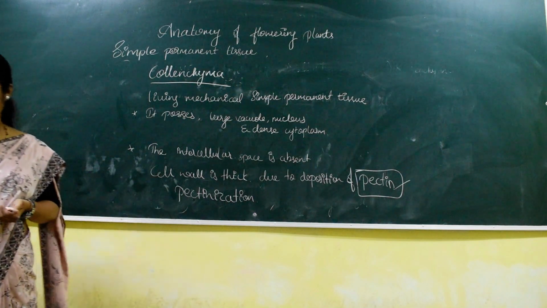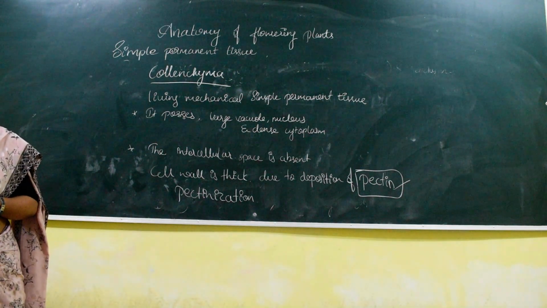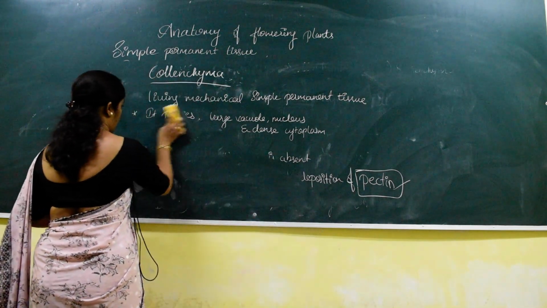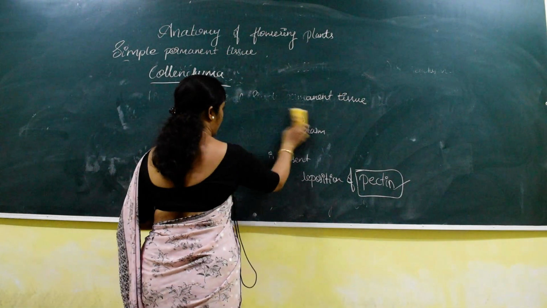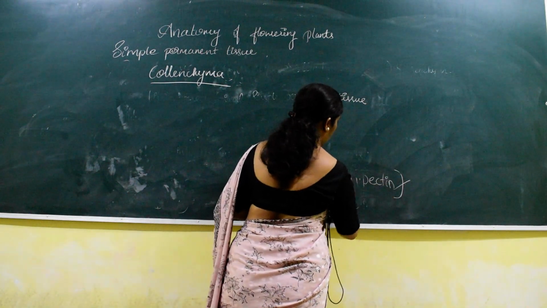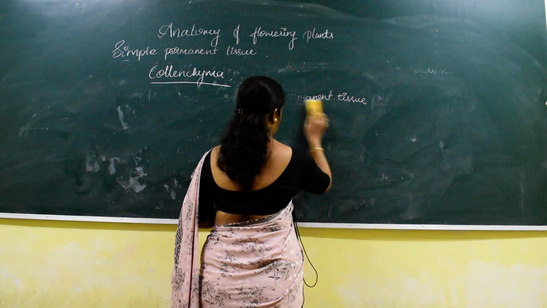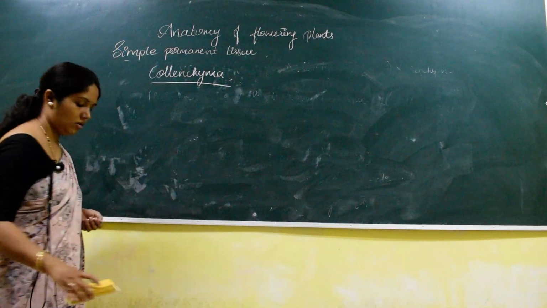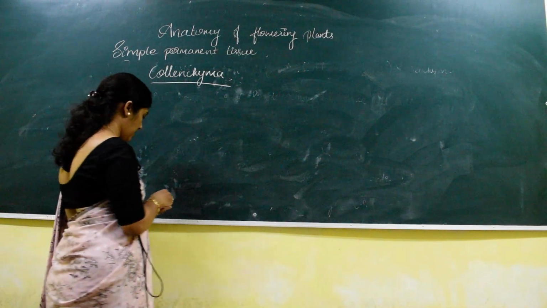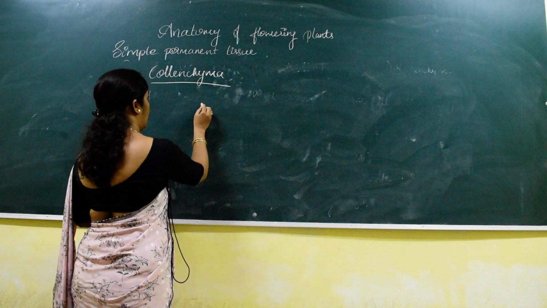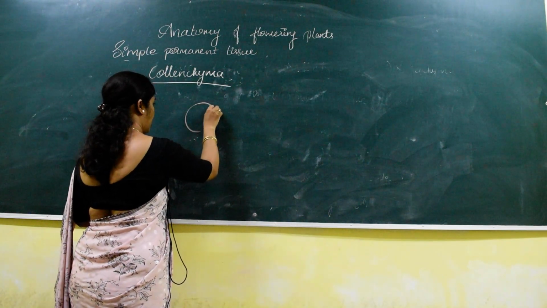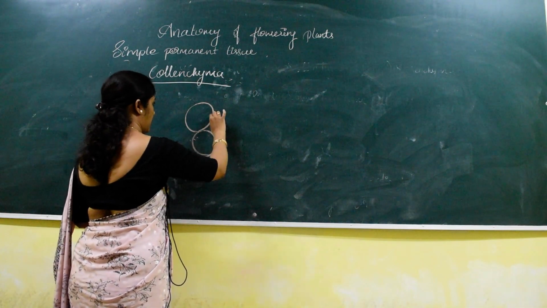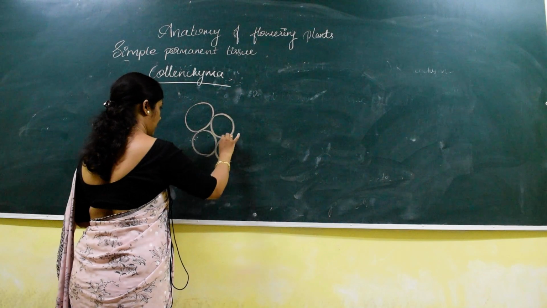Now let us draw the diagram of the Chloranchyma. The Chloranchyma is seen in the hypodermis region of the dicot stem, and it is also seen in the leaf anatomy. That we will discuss in the upcoming classes while discussing the anatomy of the dicot leaf or stem.